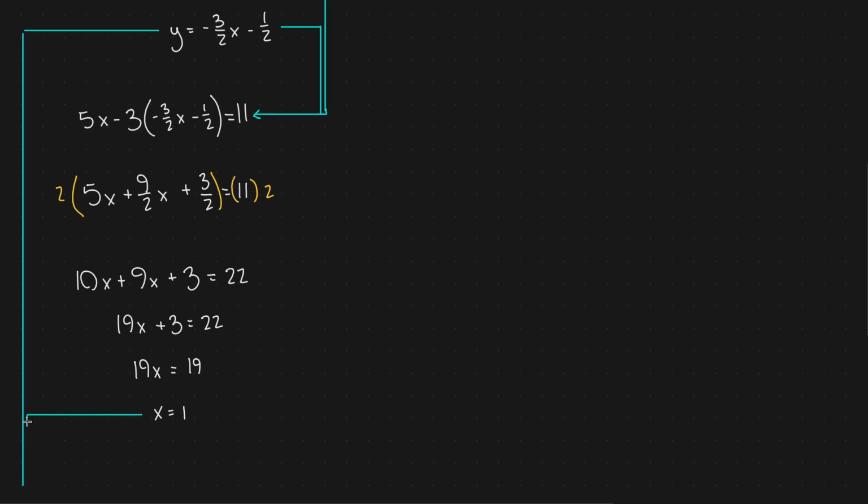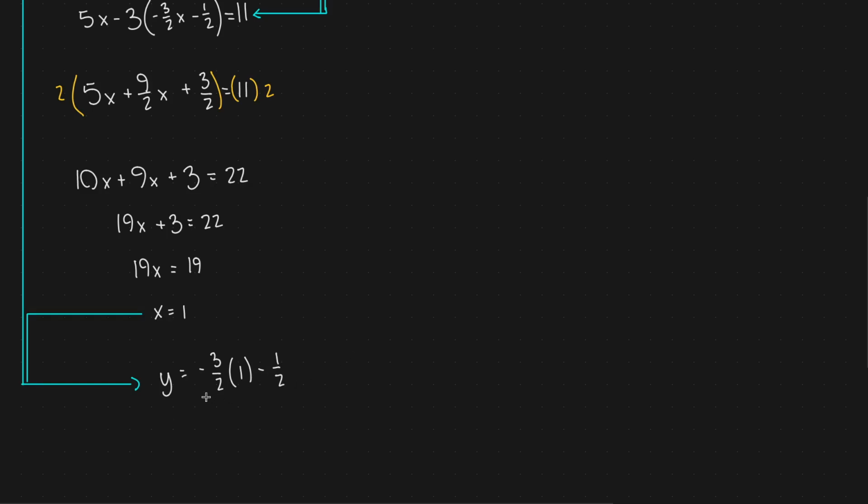So I'm going to substitute this x into this equation. So that's y equals negative 3/2 times my x, which I just found out is going to be 1, minus 1/2. So negative 3/2 times 1 minus 1/2 is negative 4/2, which is negative 2.